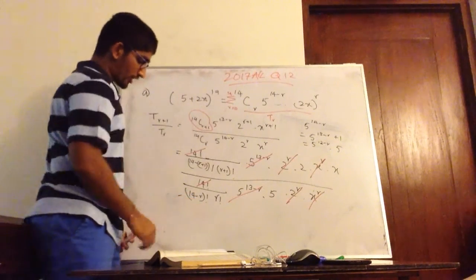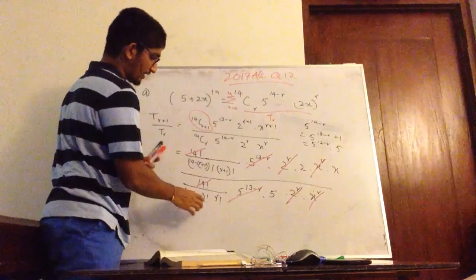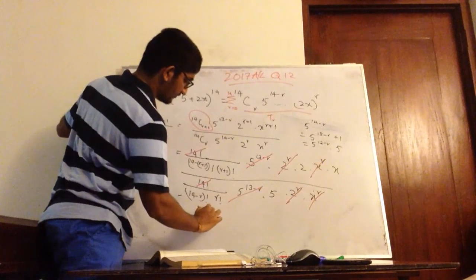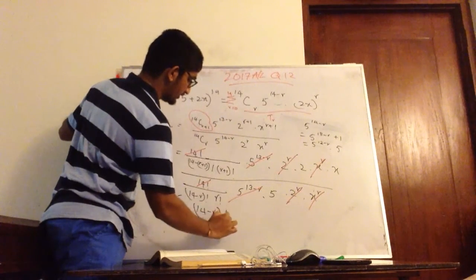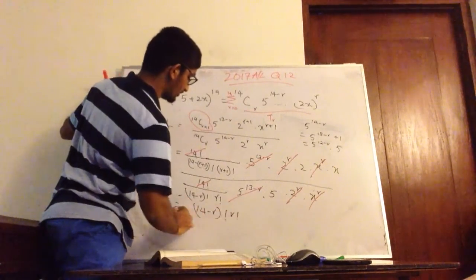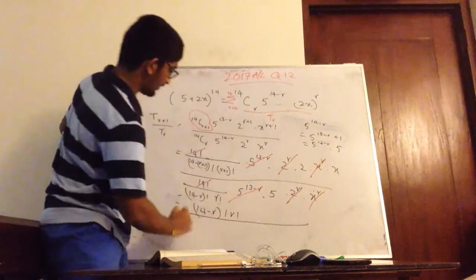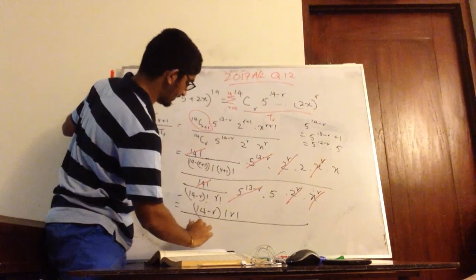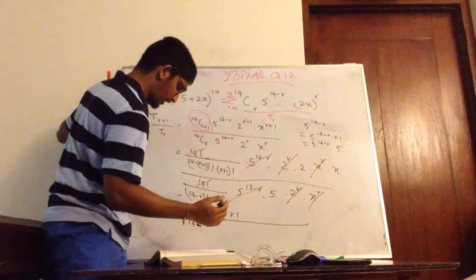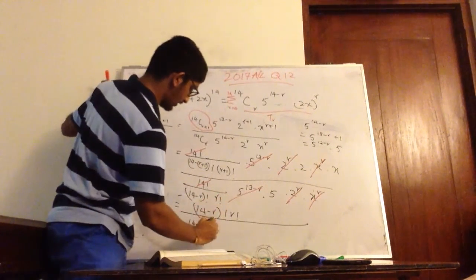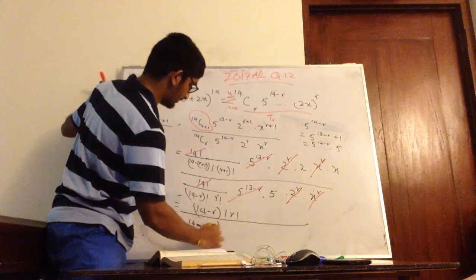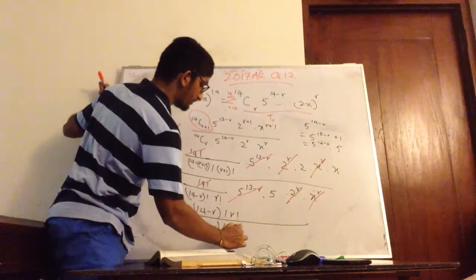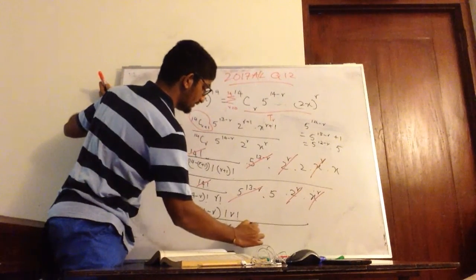So let's first of all write this down. 14 minus r factorial will come up. Then you will get 14 minus r minus 1 factorial into r plus 1 factorial.